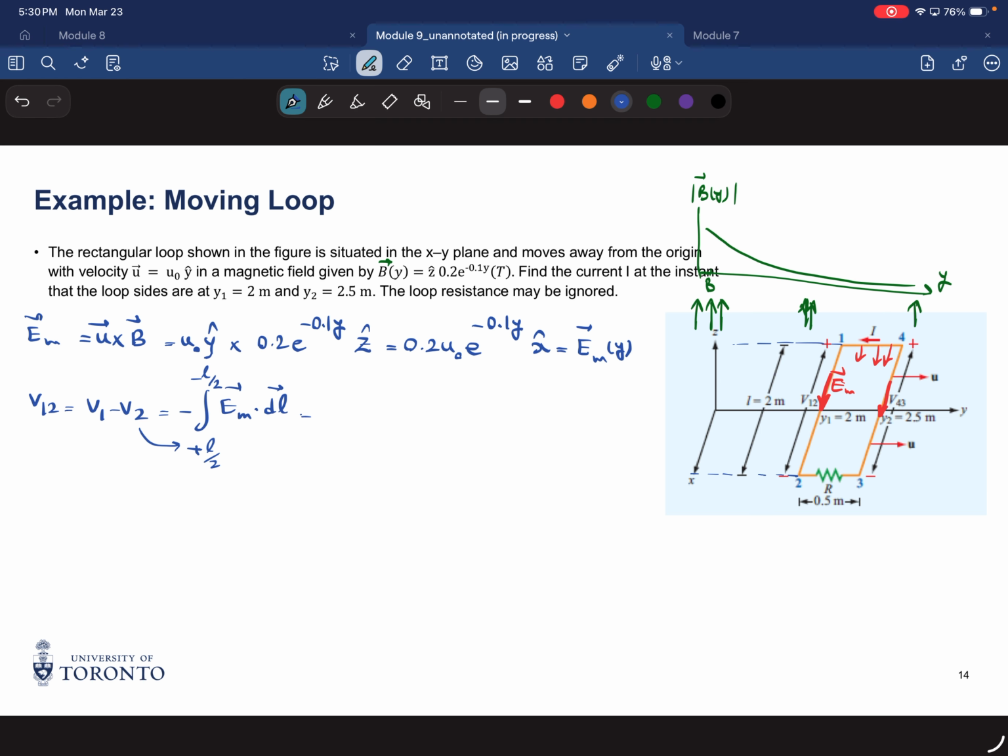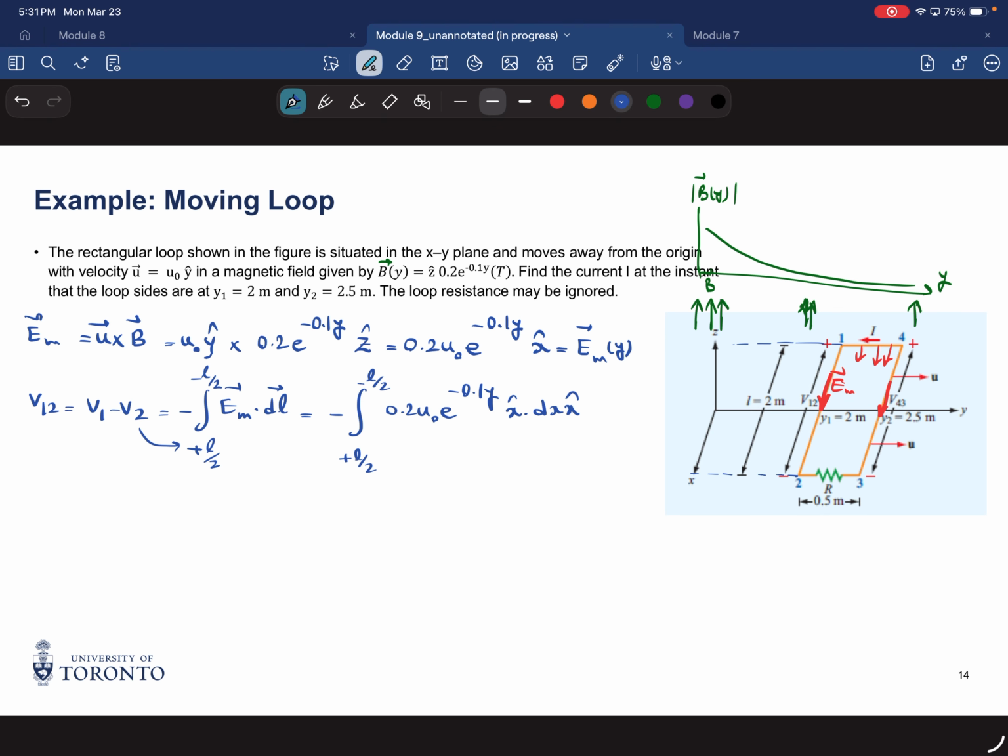So I'm going to write this as the integral from plus L over 2 to minus L over 2 of 0.2 u naught e to the minus 0.1 y x hat dot dx x hat. Again, I don't care about the direction when I'm calculating dl. I'll just put dx x hat, just the axis.